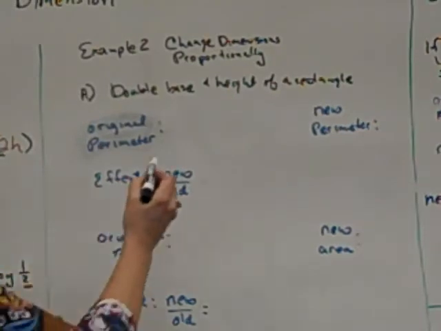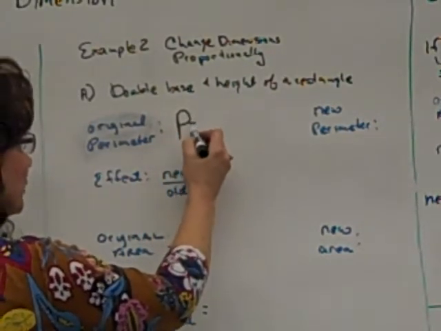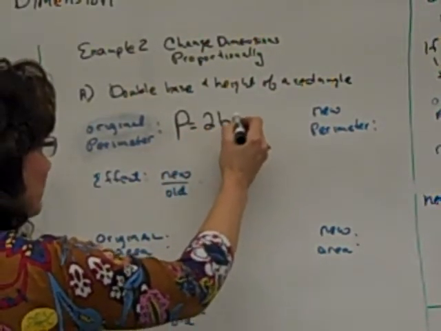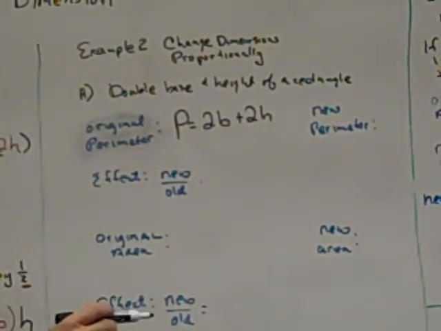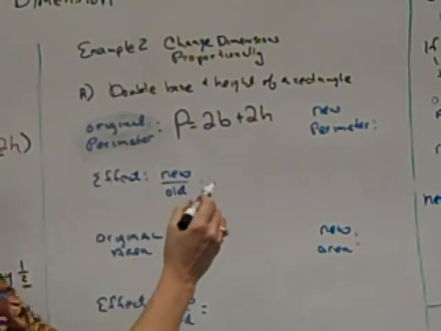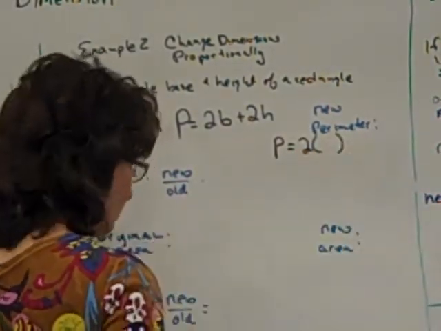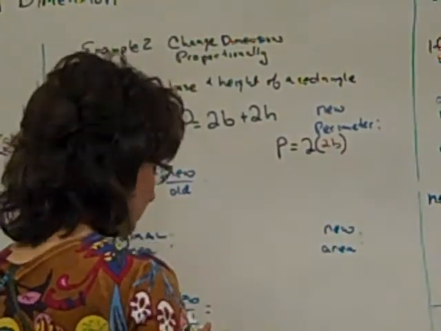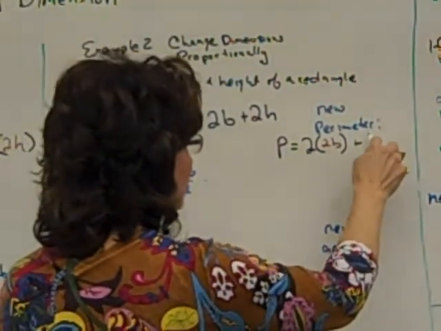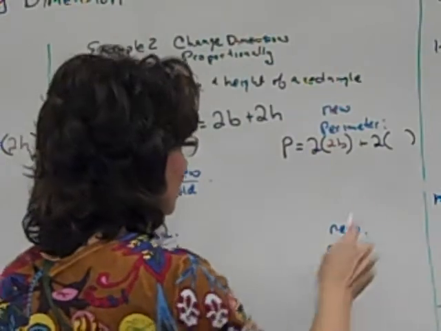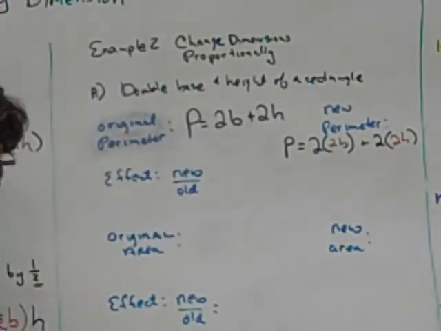Well, perimeter formula for a rectangle, if you recall, is 2 times the base plus 2 times the height. So my new perimeter, if I double the base and the height, will be 2 times 2 times the base plus 2 times 2 times the height.